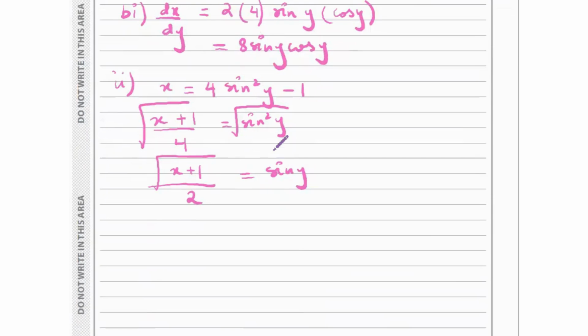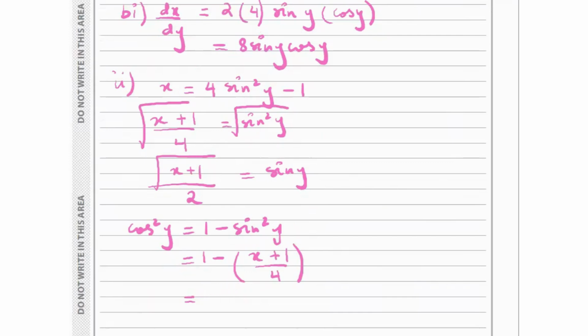And similarly, we know that cos²y is 1 minus sin²y. That's going to be 1 minus (x plus 1) over 4, because sin²y is (x plus 1) over 4.